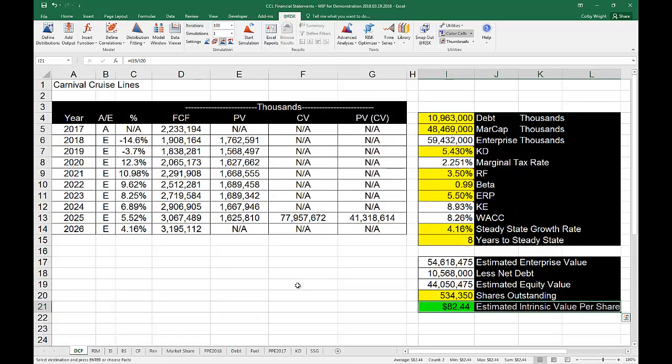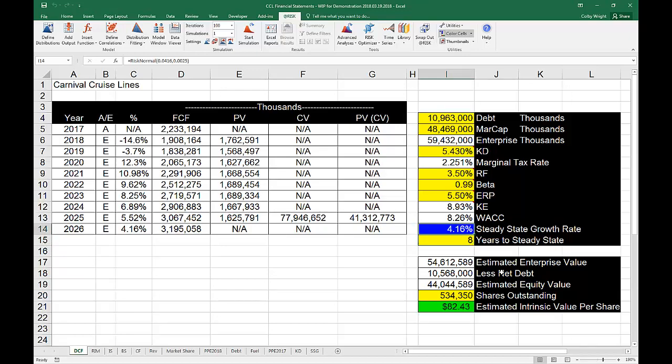Then maybe we come back to the DCF and we say, man, this steady state growth rate, we know that exerts a lot of influence, so we're going to put a RiskNormal in here. And for the average, we're going to put 0.0416, which is what we had. And then maybe for a standard deviation, we're going to do 50 basis points. Maybe I don't want to do 50 basis points. Maybe I'll do 25 basis points.